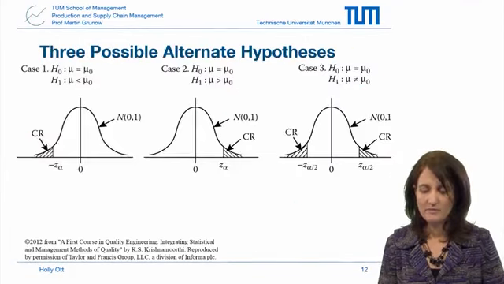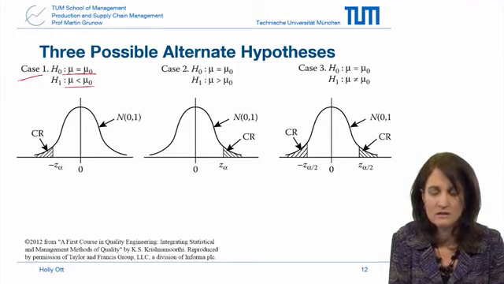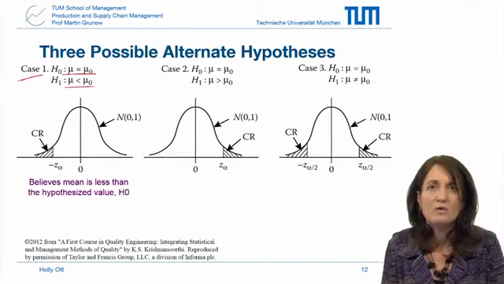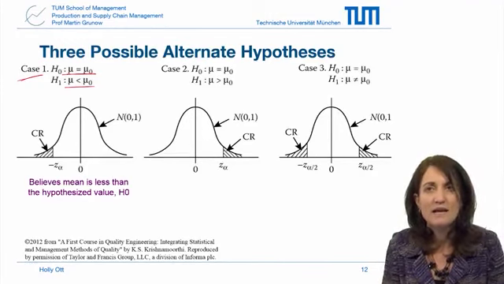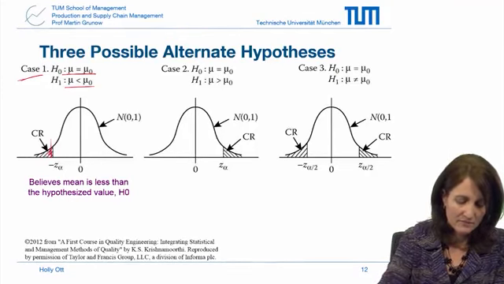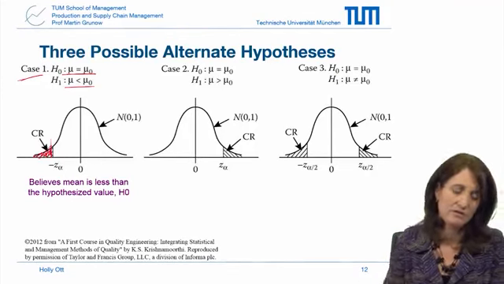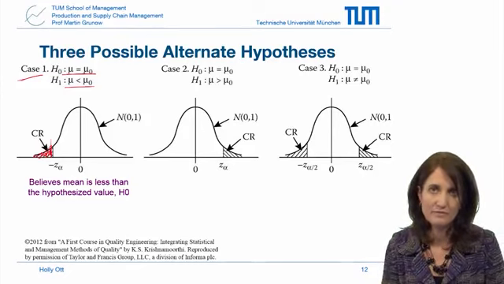And so we have then case 1, where the null hypothesis is that the mean equals our given mean, our current mean, and hypothesis 1 that the mean is less than our given mean. And here we believe that the mean is less than the hypothesized value H0. And so here our critical region then is to the left of our 0 value.